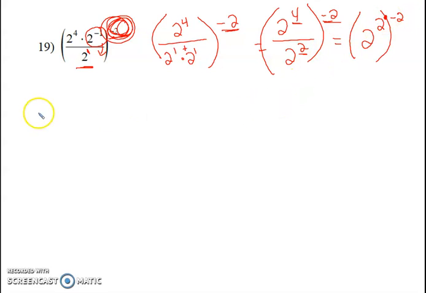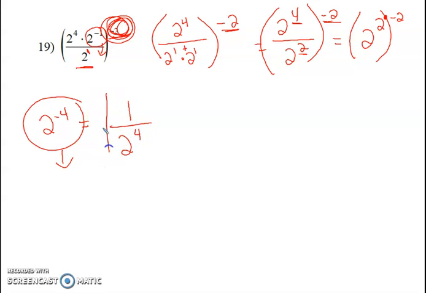I can distribute that. 2 to the -4th, but I cannot leave that, right? I need to move that down. I can't have negative exponents. 2 to the 4th. 1 over 2 to the 4th. And if you check the answer key, it's going to say that that's right. Okay?